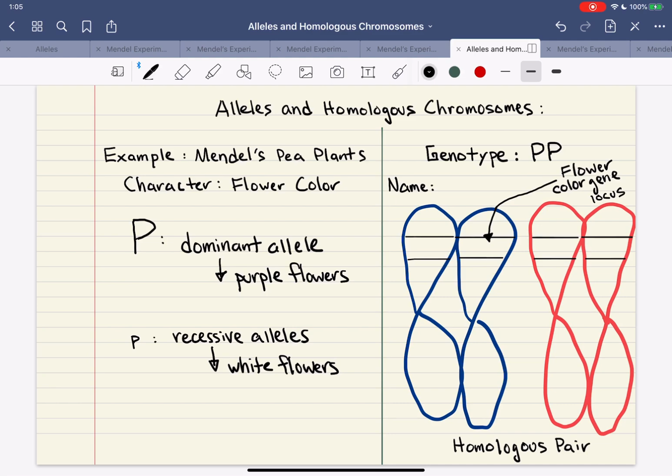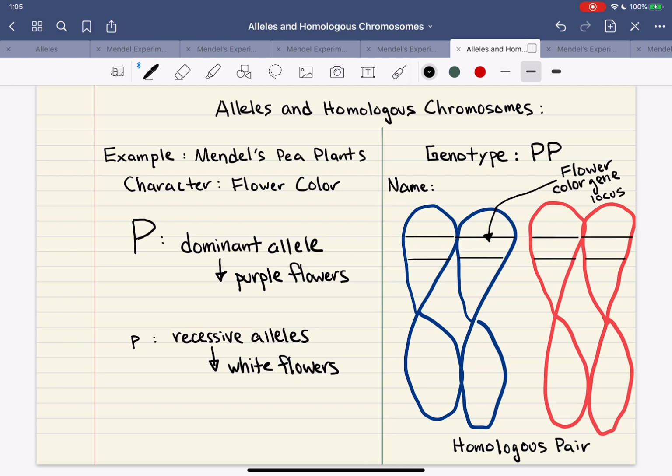All right, so the point of this picture here is to help you visualize what all this looks like on actual chromosomes, okay? So this is a real gene we're talking about, right? It's a long stretch of nucleotides somewhere along one of the pea plant's chromosomes. They have 7, by the way, 14 total.